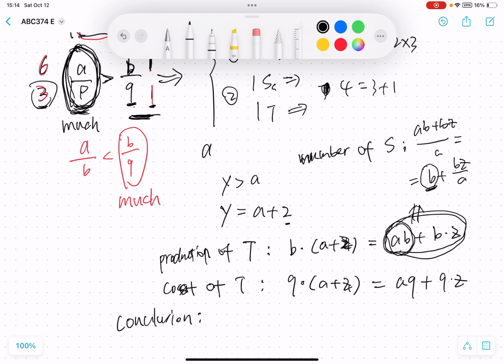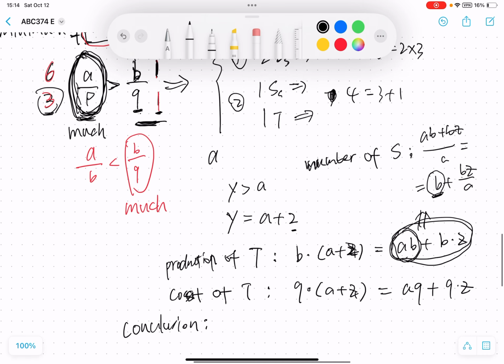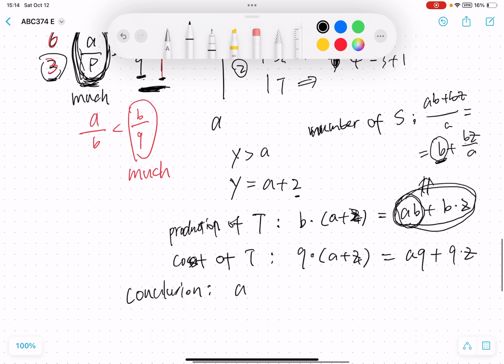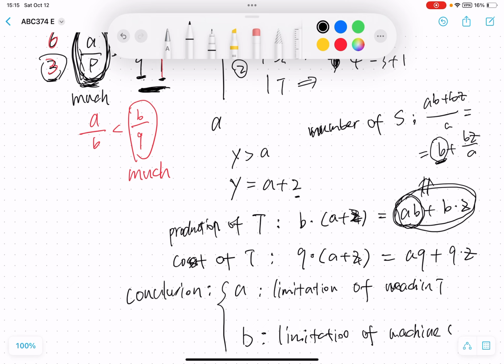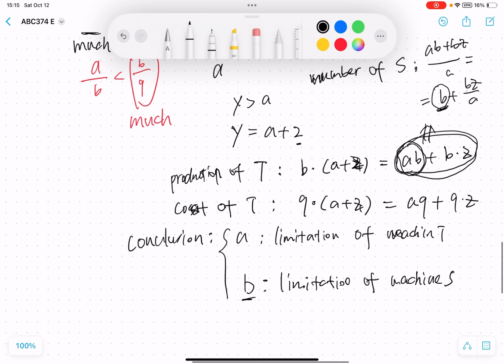The limitation for machine T we should buy is A. For machine S, the limitation is B.